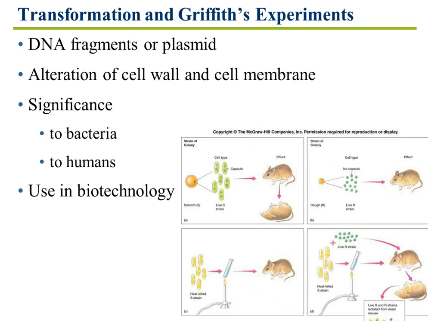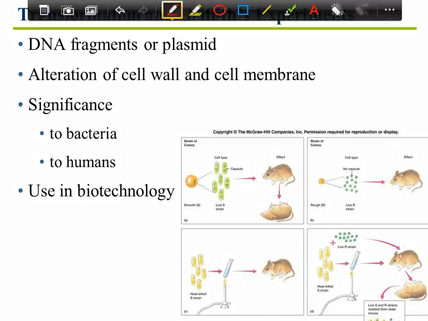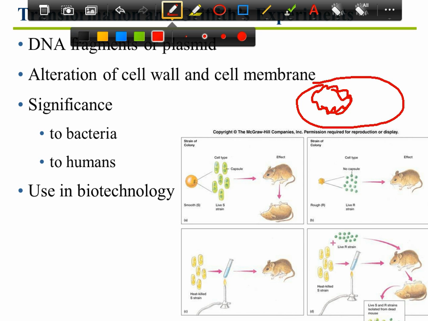So the first one is transformation. I'm going to go into what you see on the diagram here in class. I'm not going to go into it now, although it's covered in your book. In transformation, we have a cell. Here's our recipient cell, and here's its normal DNA right there. Let me change colors to blue.